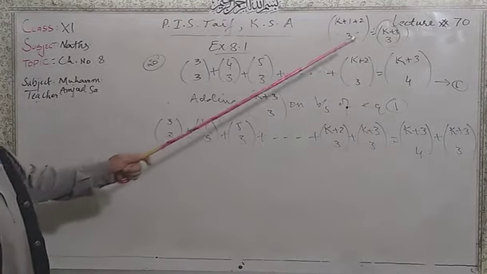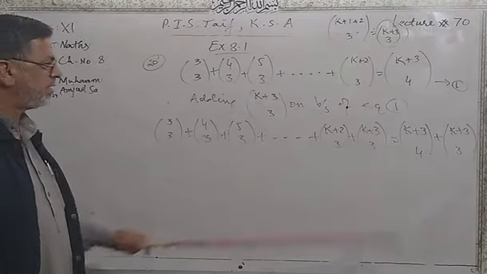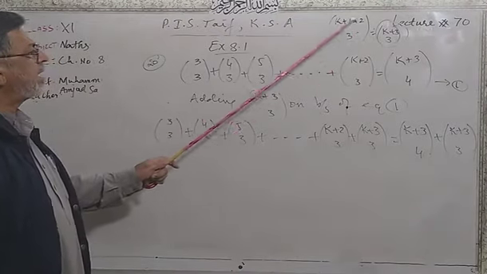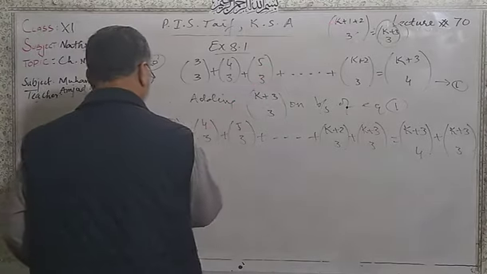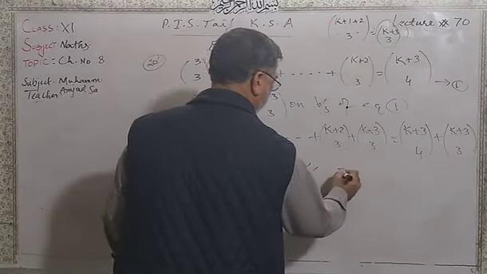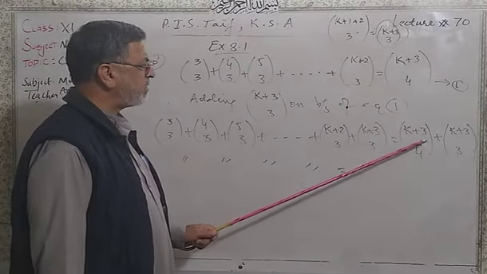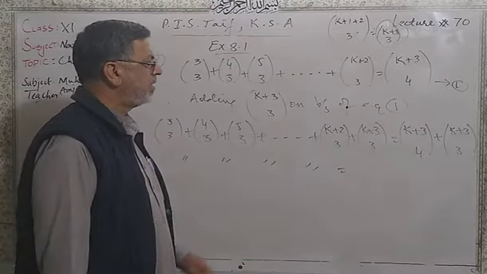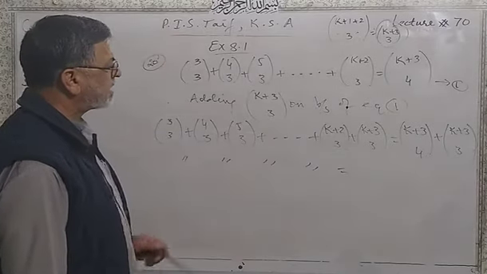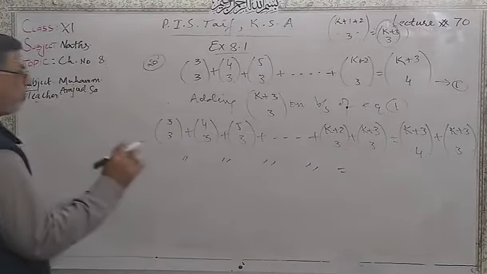We have added (k plus 3)C3 on both sides. Automatically left hand side contains k plus 1. So left hand side as it is. Remember that this is (k plus 3)C4 and (k plus 3)C3. There is a rule. Check this rule.